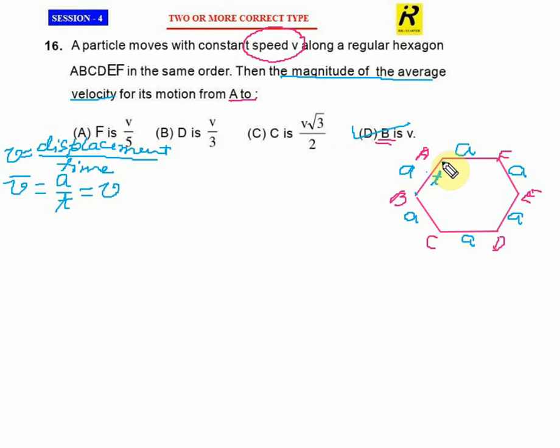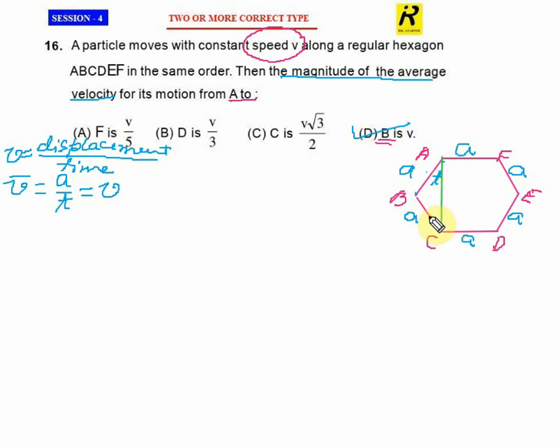So next I choose A and C. So what could be the magnitude of average velocity from A to C, the motion from A to C? So in this situation, we should be careful: this should be the displacement. So in this circumstance, the displacement is nothing but this one.